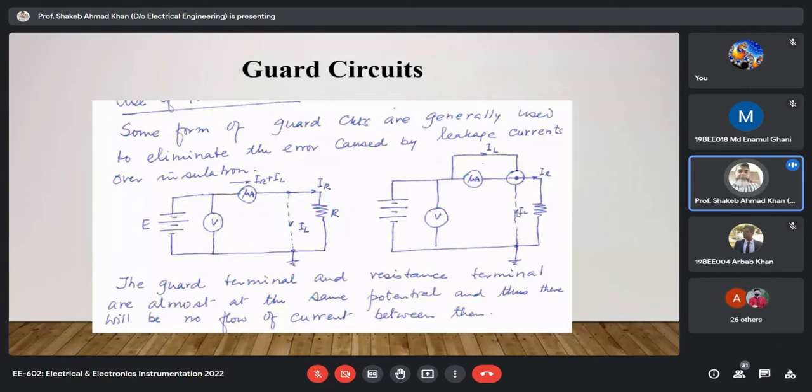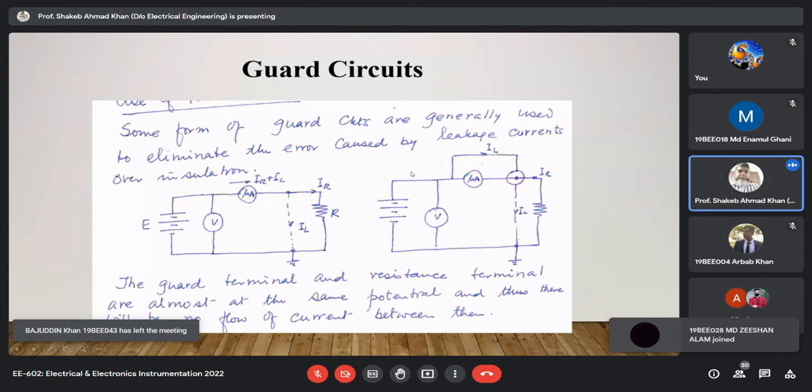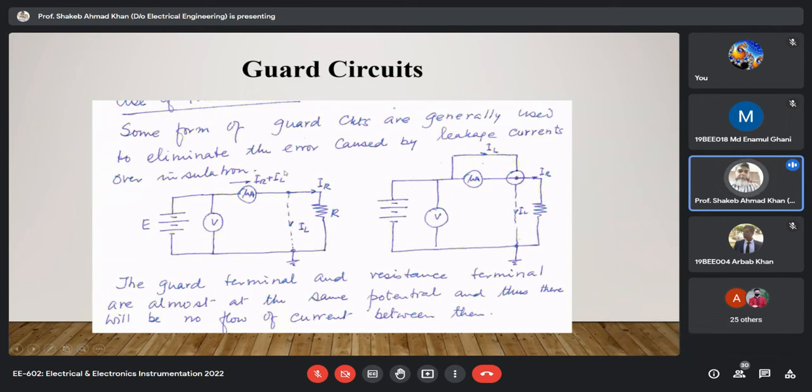At this point, what I want you to understand is that if we are not using the guard circuit to take care of the leakage current, then obviously your ammeter will read both the currents, leakage current as well as conduction current.